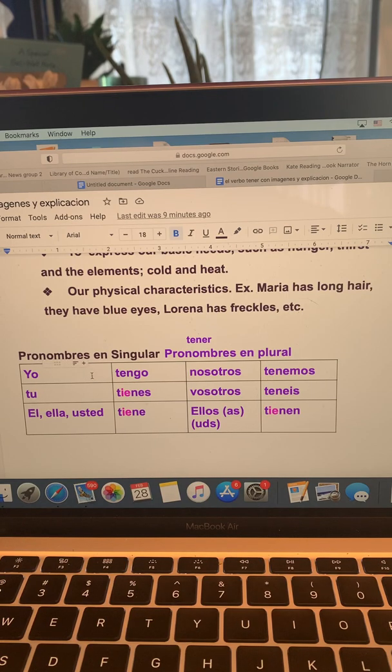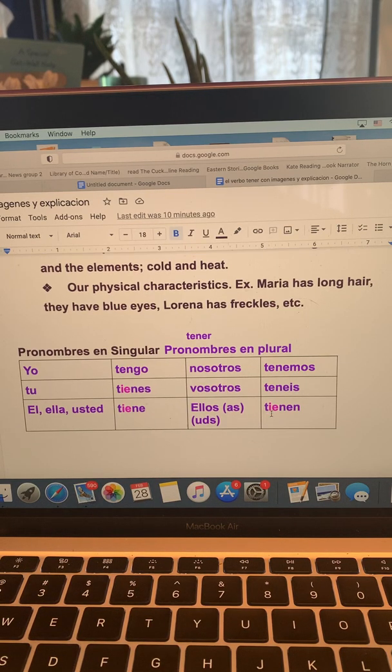So, yo tengo, tú tienes, él, ella, usted tiene, nosotros tenemos, vosotros tenéis, ellos, ellas y ustedes tienen. We know this already, okay?